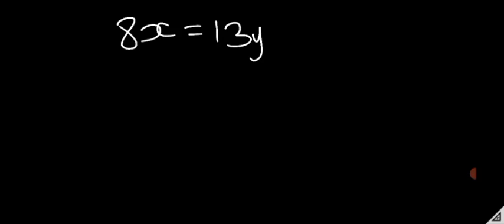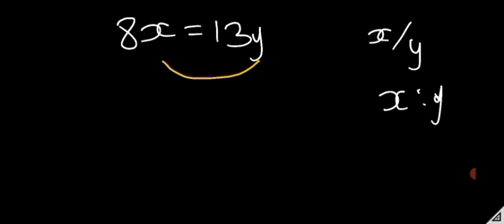So what do we do? We make x over y the subject of formula, because x over y is the same thing as x ratio y. So we divide both sides by y. So when y comes under this place, it becomes 8x over y, right?